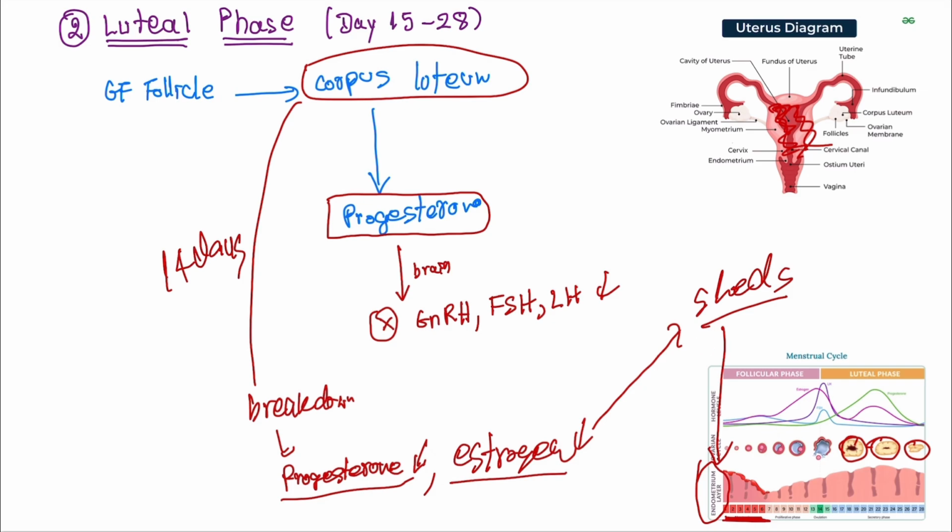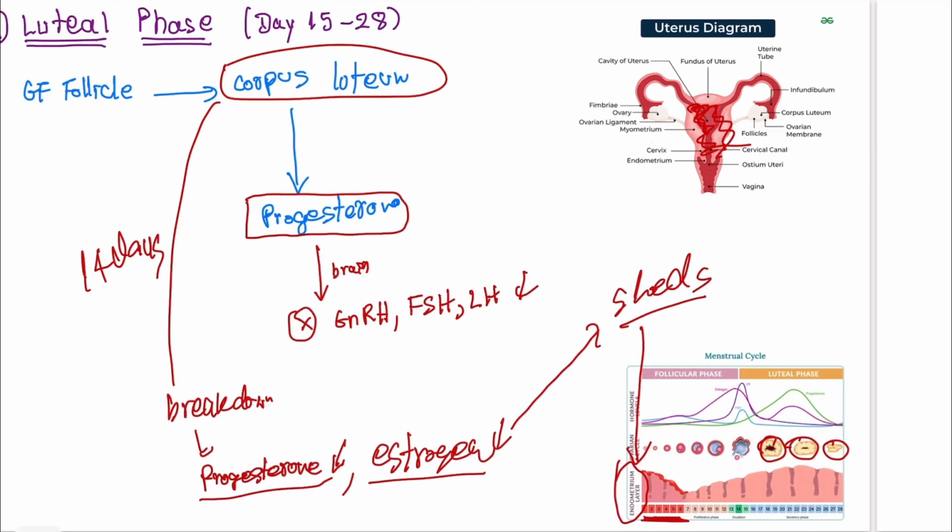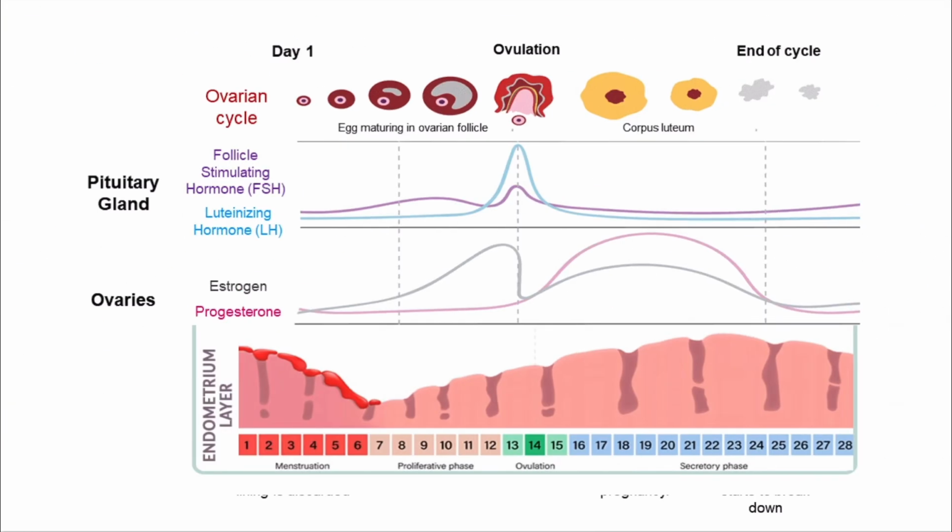Now we can look at the graph here. You will understand, and I will do a summary. On the first day, progesterone, estrogen, follicle stimulating hormone and luteinizing hormone are all low, so the endometrium is no longer supported by any hormone. It sheds here.